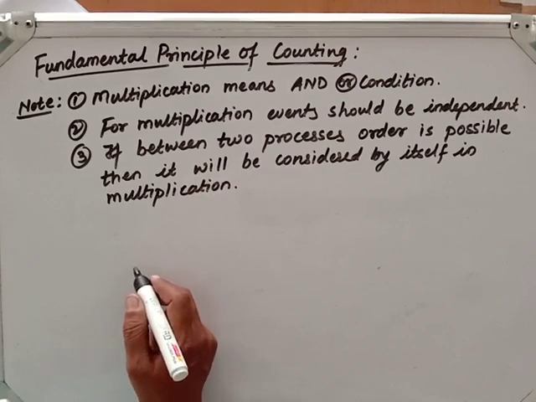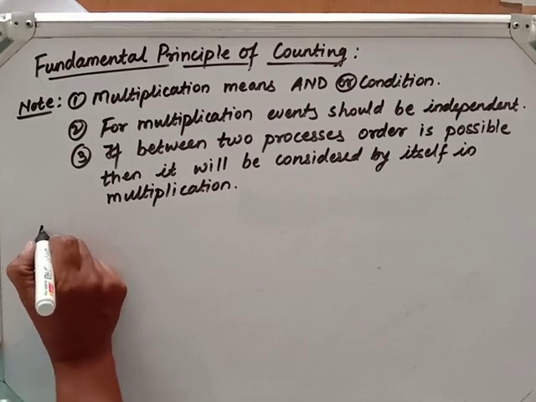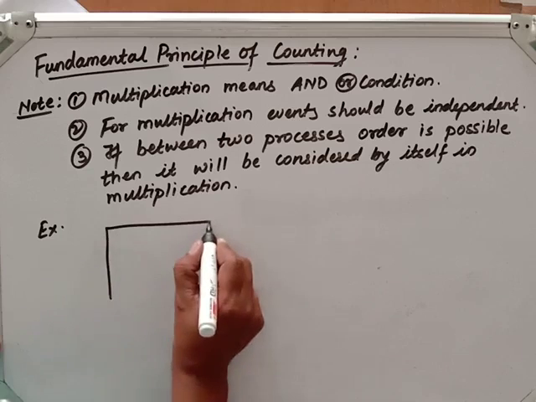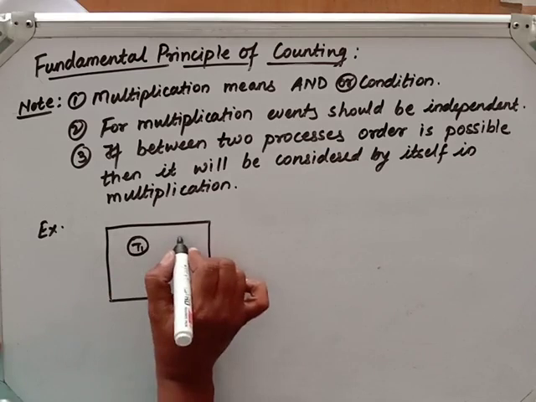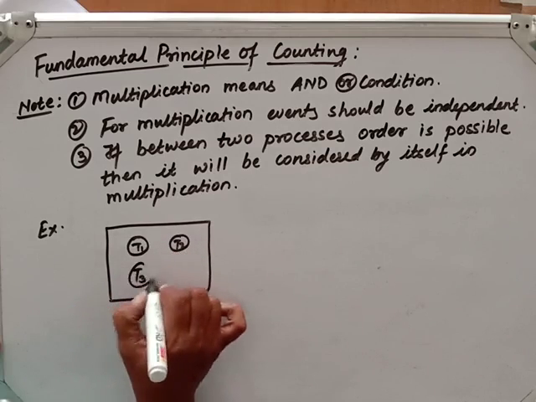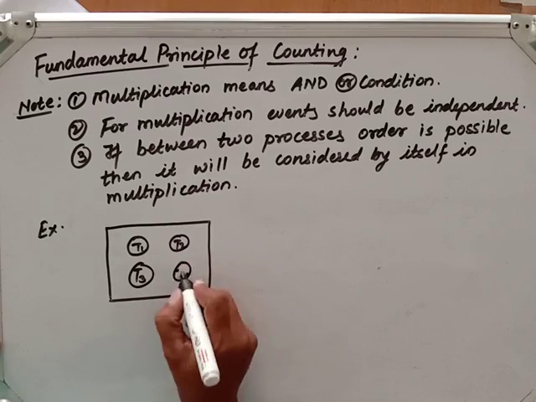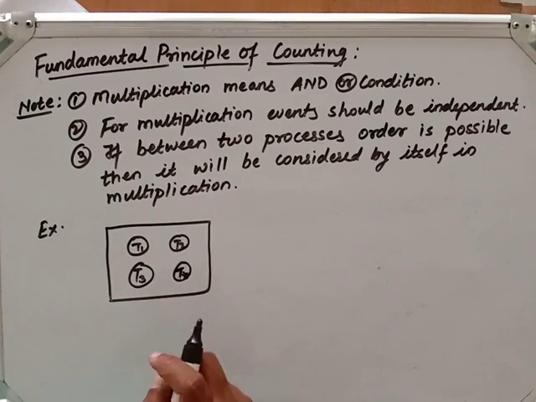Now, for this, let me take an example. Suppose there is a box having 4 objects, T1, T2, T3 and T4. Now suppose we have to draw 2 objects from them, but one by one.